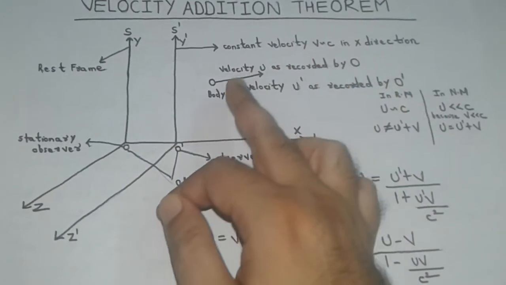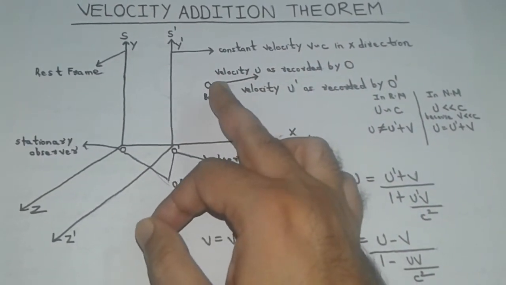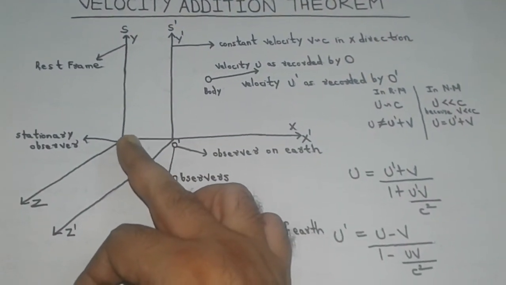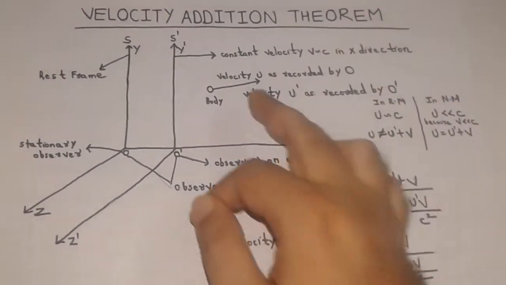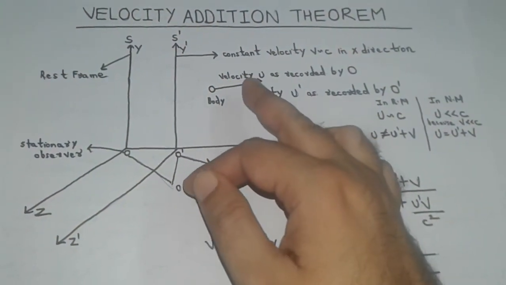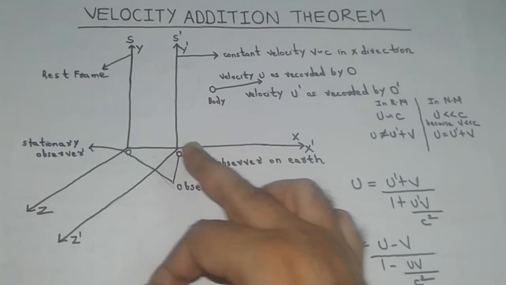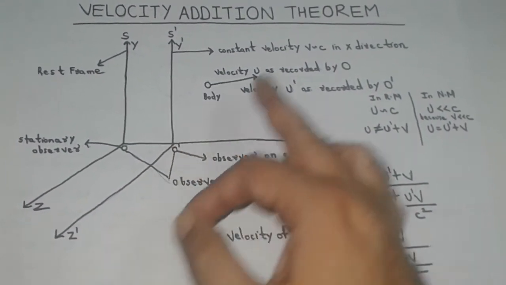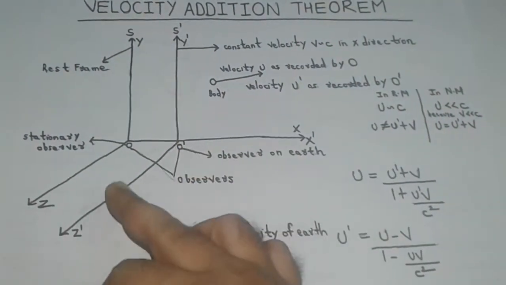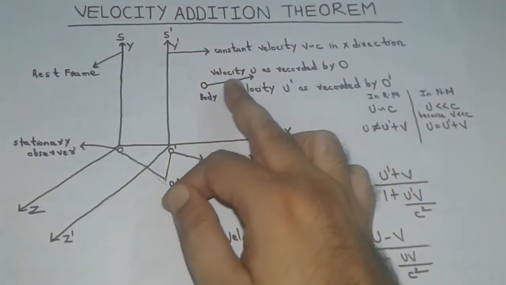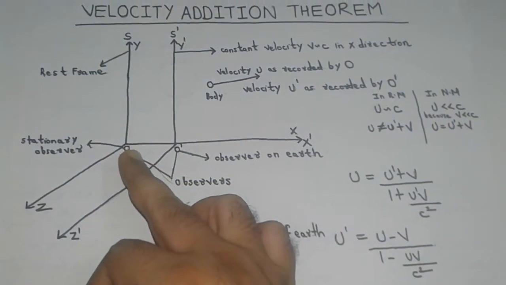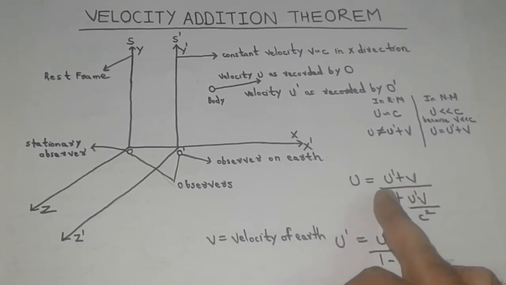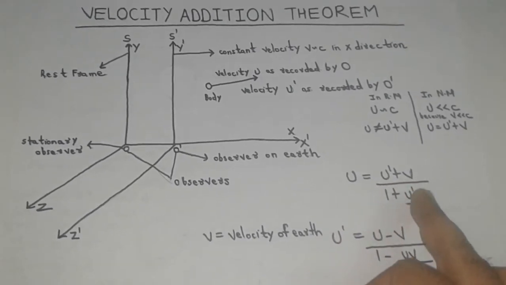Velocity addition theorem helps us to determine the relative velocity of body with respect to the stationary observer O in frame S, when the velocity of body with respect to observer O dash, which can be considered to be an observer on Earth taking the velocity of Earth to be v, is known to us. So this relative velocity of body as recorded by observer O is given by U is equal to U dash plus V upon 1 plus U dash V upon C square.